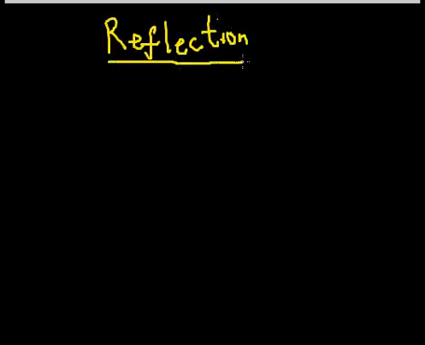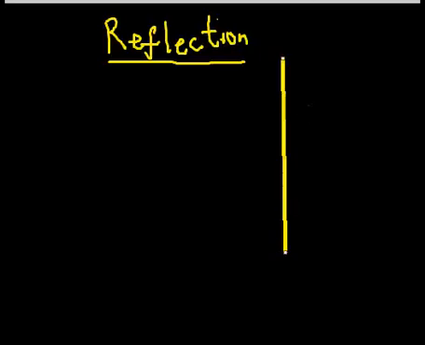Light reflects as it meets an obstacle. When light is bounced back into the medium, or hits back to where it's coming from as it meets an obstacle or a boundary, it's said to be reflected.